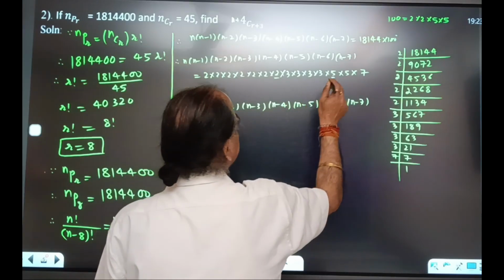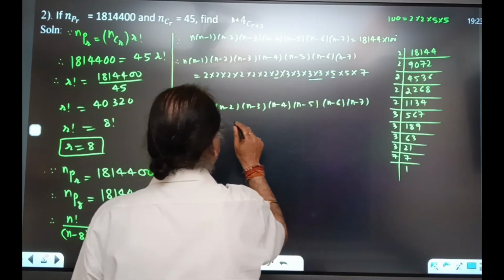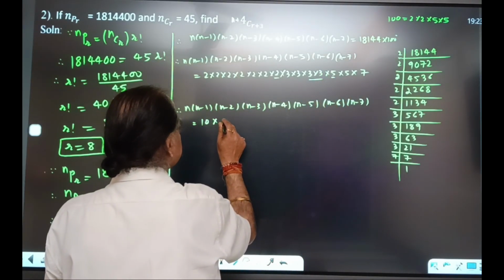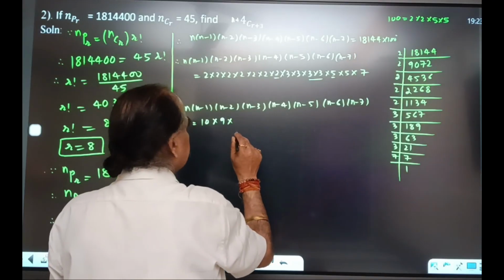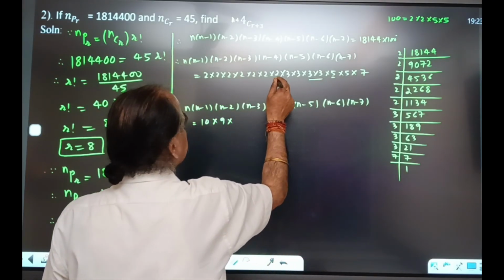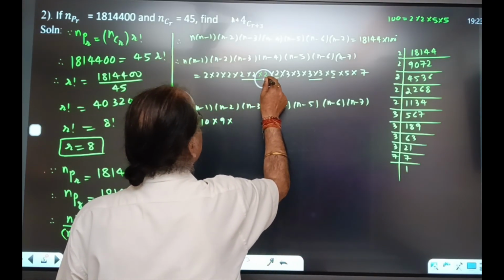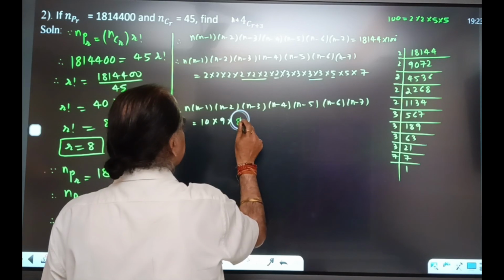After 10, 9 comes; double 3 will give 9. Then 8 comes; triple 2 will give 8.